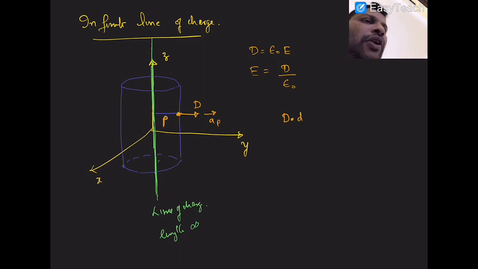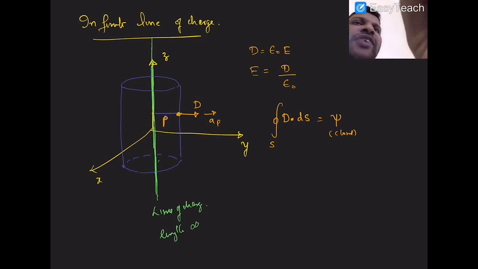Now we will see what is D dot dS. I am going to integrate, then I will get the total flux due to the closed surface. So I have D dot dS, that means I have D and the direction of dS. If I take the cylinder around here, the direction of dS will be like this.